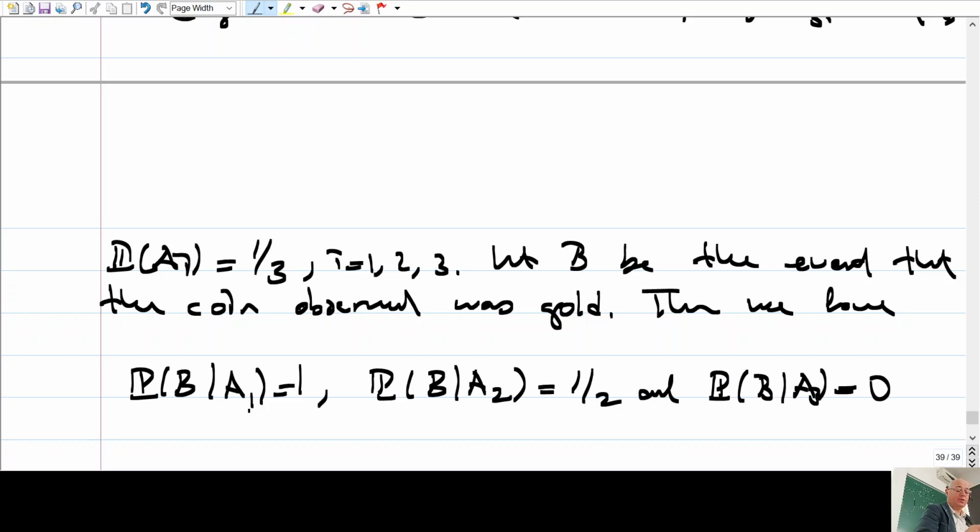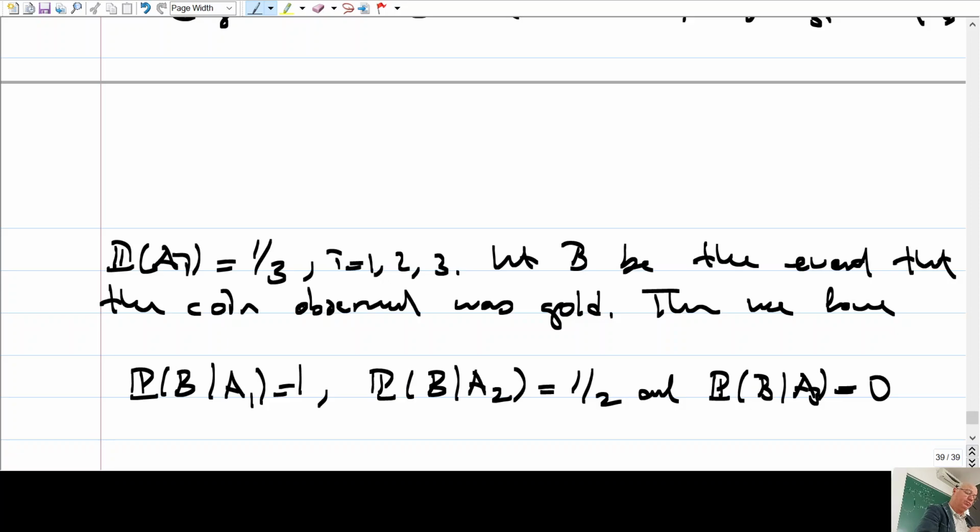Well, because the chest A1 has gold coins in each drawer, so the probability of B given A1 is 1, right? Both drawers contain gold coin. In the second one, one drawer has gold and the other one has silver coin.